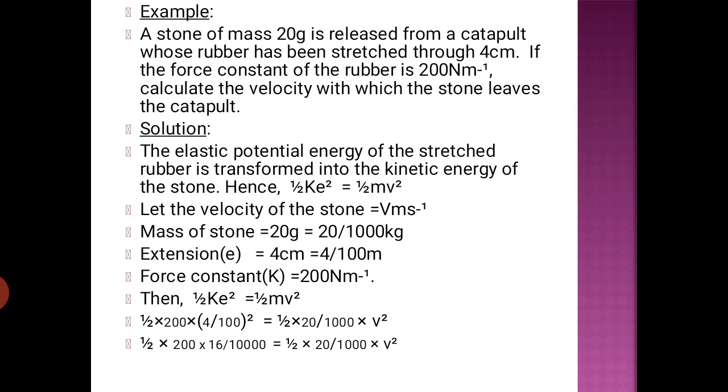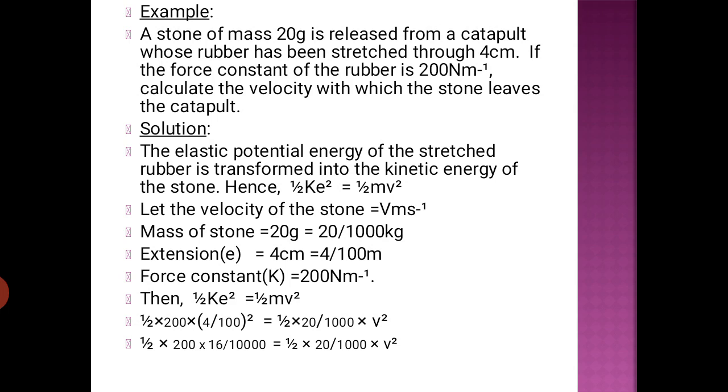Now, having listed all this, you go back into the equation and do your substitution into half ke squared equals half mv squared. Substituting into it, we have half times 200 times (4 over 100) all in bracket, squared, equals half times 20 over 1000 times v squared.